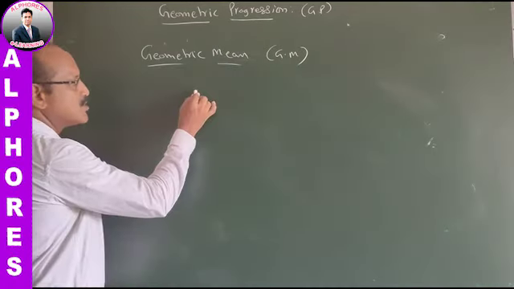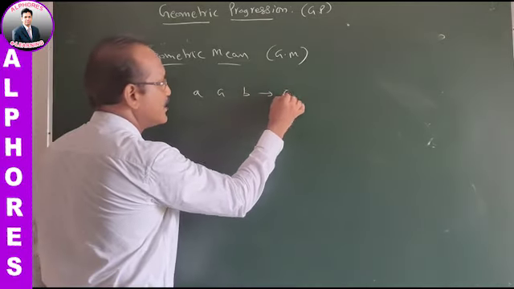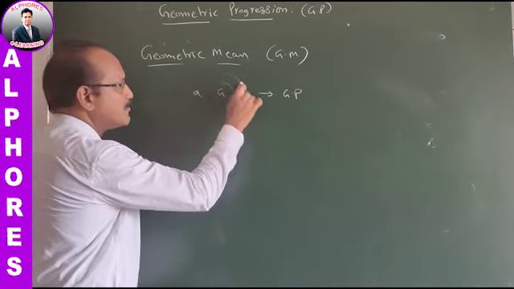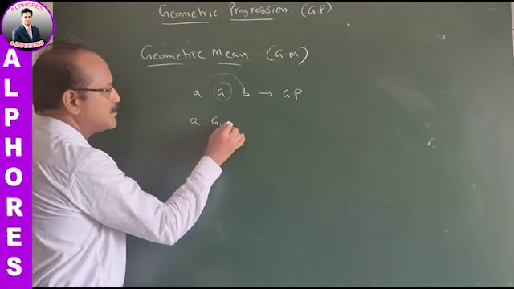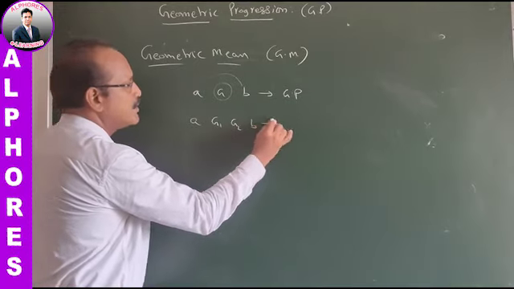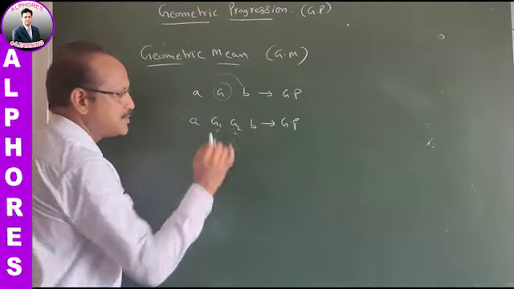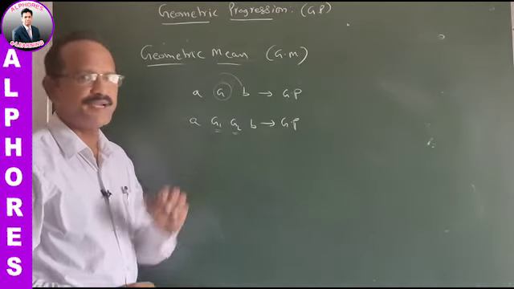That is, suppose a, G, b are in GP, then G is called the geometric mean of a and b. Or suppose a, G1, G2, b are in GP, then G1, G2 are called geometric means between the two numbers a and b.